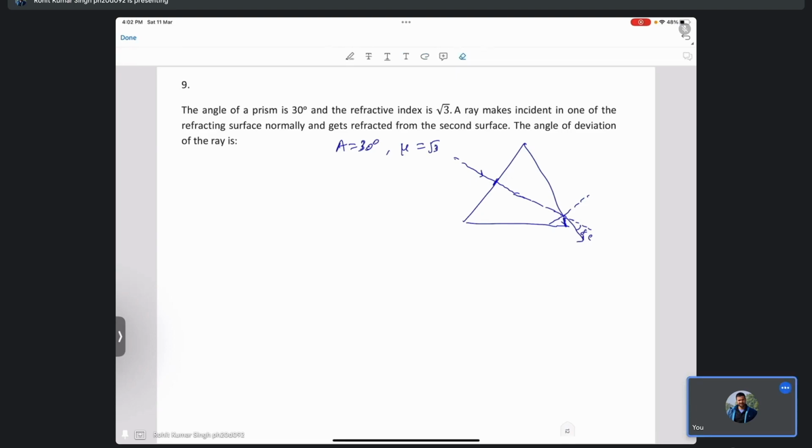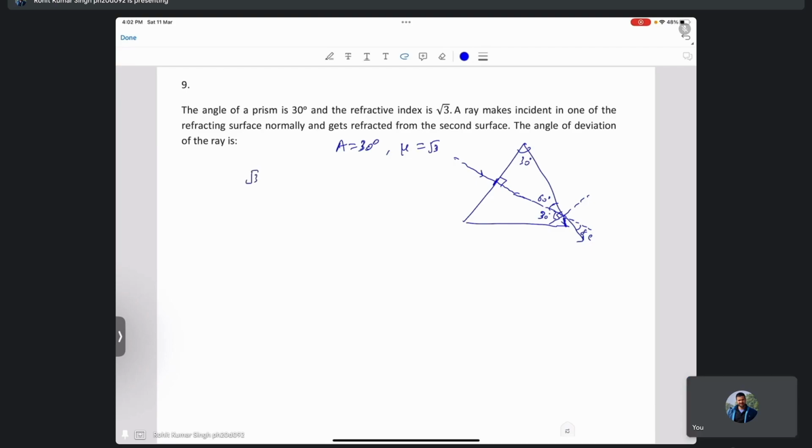So this is 30 degrees, this is 90 degrees, so this will be 60 degrees, right? And this is 60 degrees, then this is also 30 degrees, because this whole is 90 degrees, right? So we can apply Snell's law here.